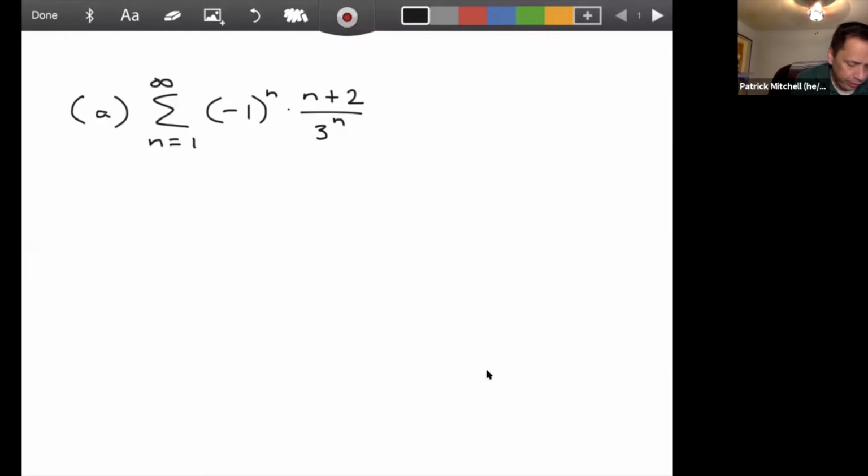So to use the ratio test, you have to look at the limit as n increases without bound of the absolute value a sub n plus 1 over a sub n.